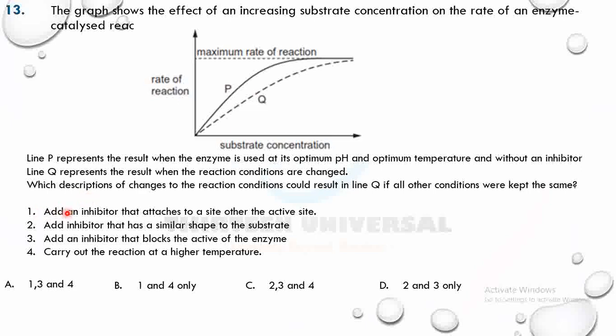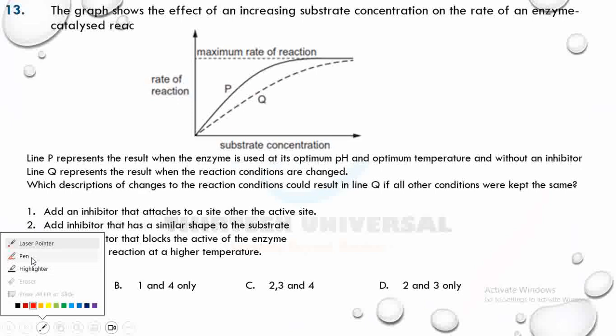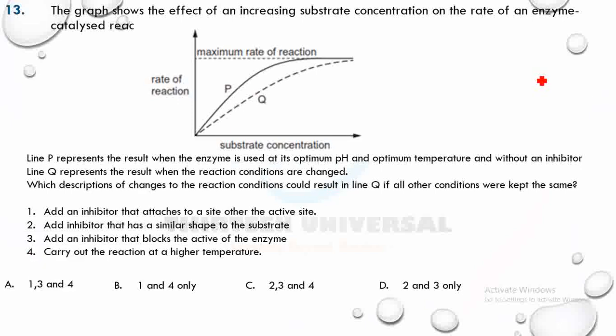Number 1 says add an inhibitor that attaches to a site other than the active site. This is a description of a non-competitive inhibitor. A non-competitive inhibitor does not give this kind of graph. It doesn't give the graph of Q, because a non-competitive inhibitor does not reach the same Vmax.